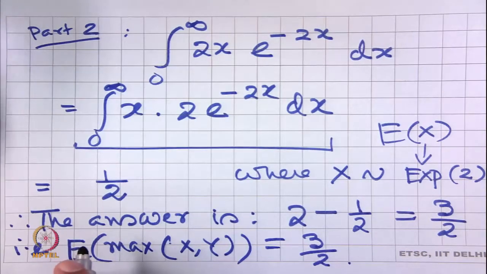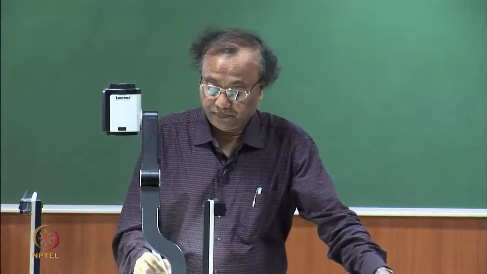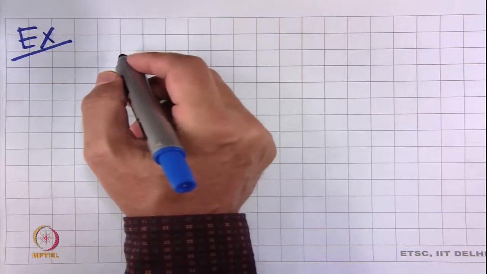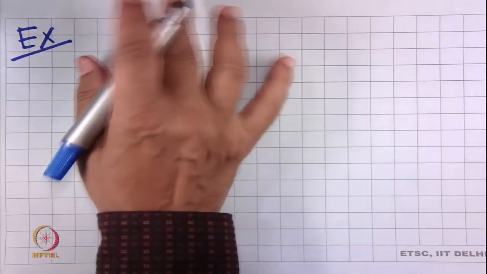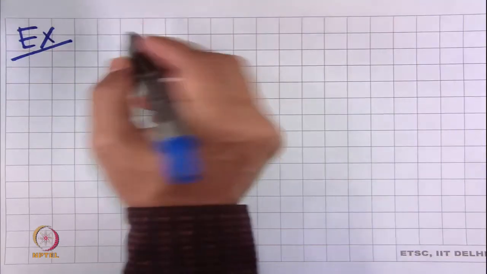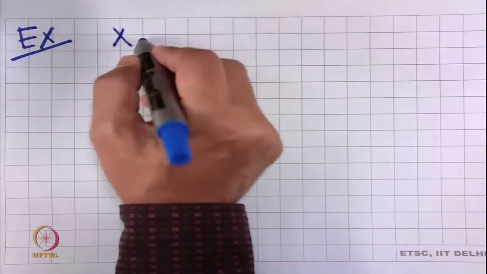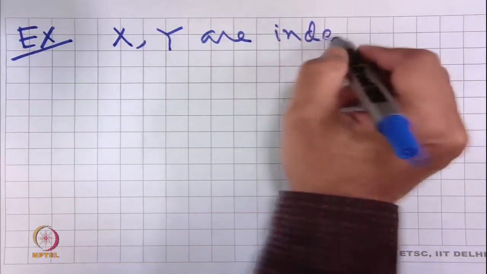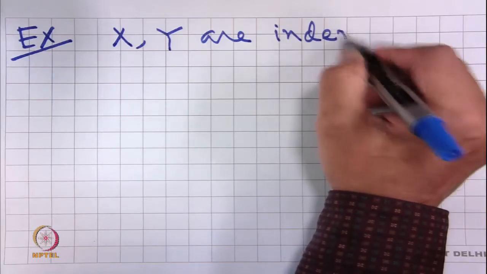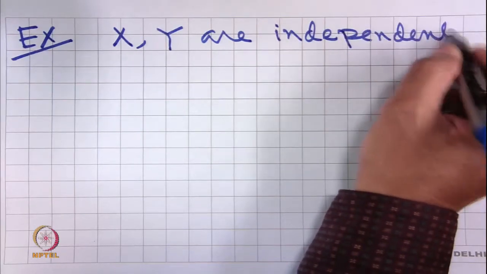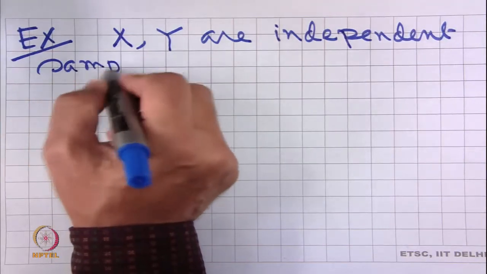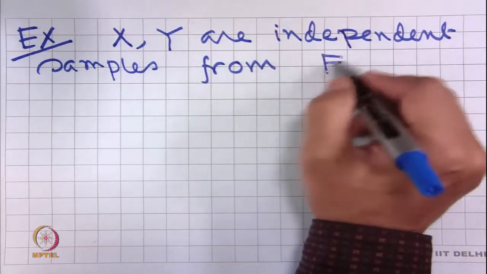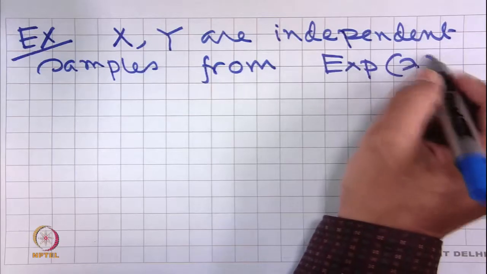That is the answer. Now, let me consider a slightly more challenging problem. The setup is the same, we are working on x, y. They are independent samples from exponential lambda.